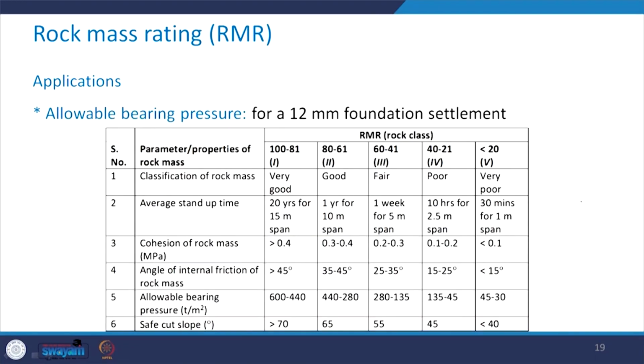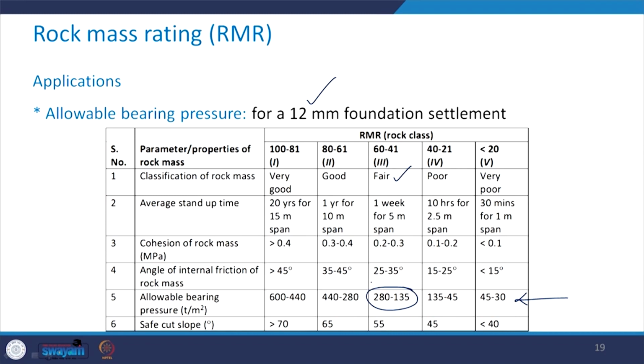Coming to the next application, which is the allowable bearing pressure for the foundation. If we know the range or the value of the RMR, we can find out the allowable bearing pressure, and that is corresponding to 12 mm of foundation settlement. For example, if the rock mass is of fair quality, that is this column, the range of the allowable bearing pressure is going to be 135 to 280 ton per meter square.